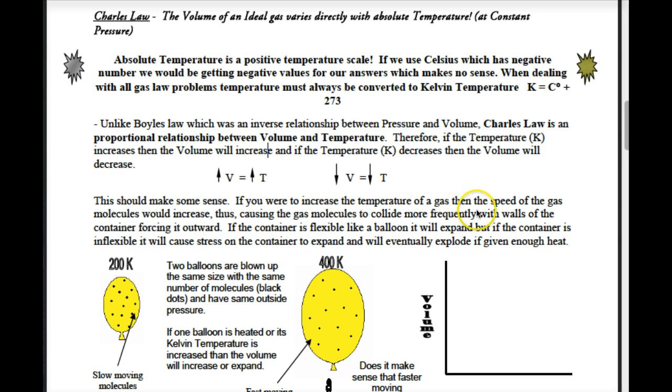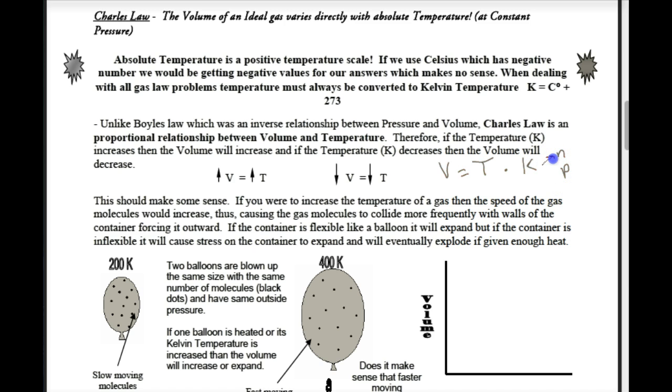And remember also last week I showed you what the math looks like, the formula. So you have to understand that volume equals temperature times a constant. And remember, the constant is n, which represents the number of moles, and pressure.